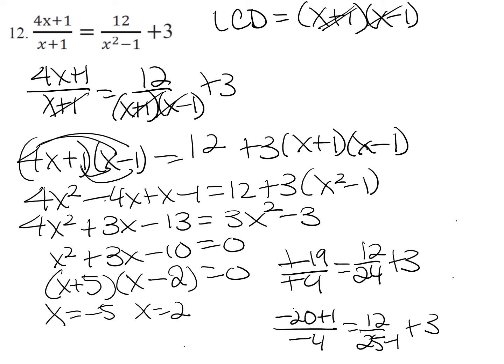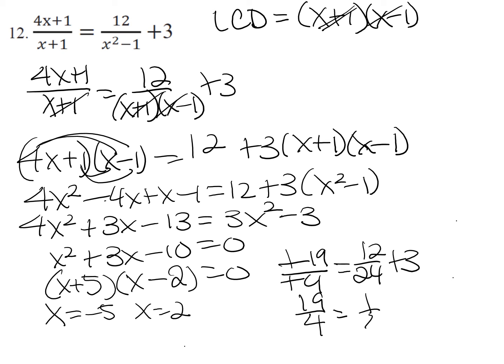Okay, so if I simplify that, that'd be 19 over 4 equals 1/2 plus 3. And so this would be 3.5.